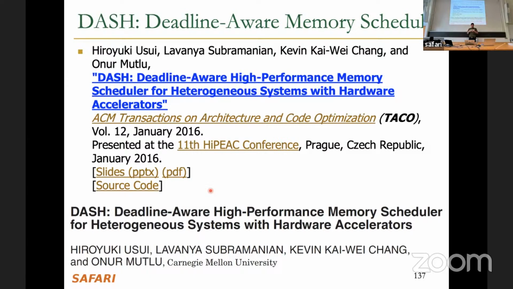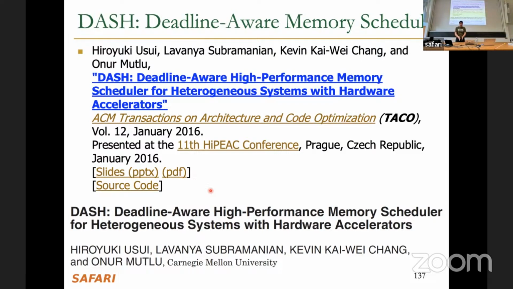Now, the state-of-the-art memory controllers then were prioritizing these hardware accelerators' requests only when you were very close to the deadline. Right? Its priority increases as you get closer to the deadline. And when that happens, the hardware accelerators still have a lot of requests in the buffer waiting.